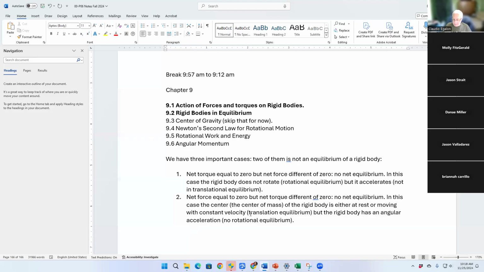And finally, the third case: net force and net torque are equal to zero.